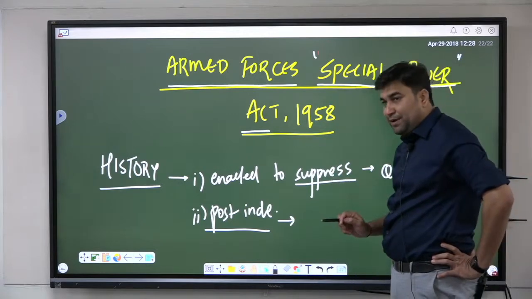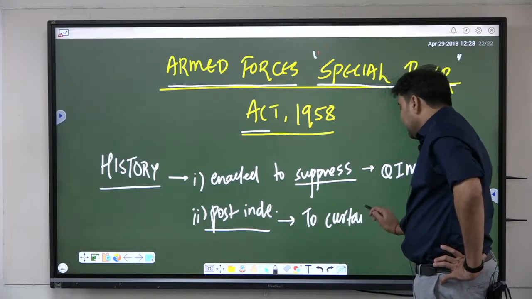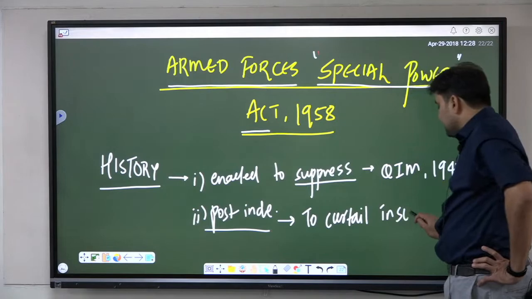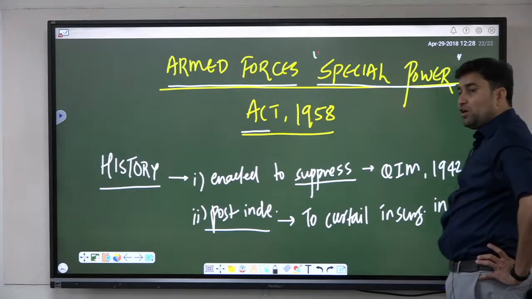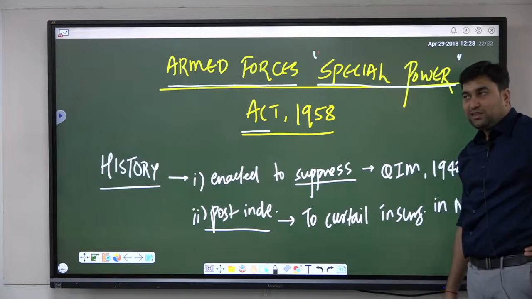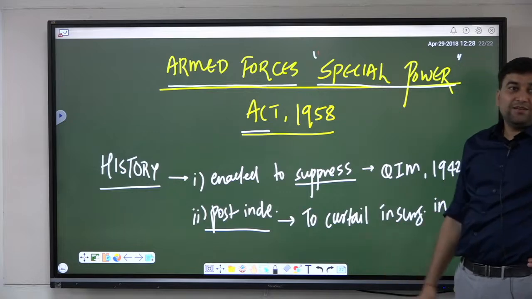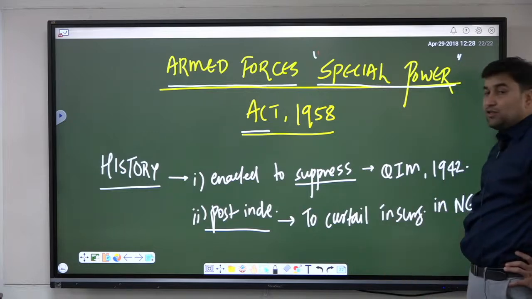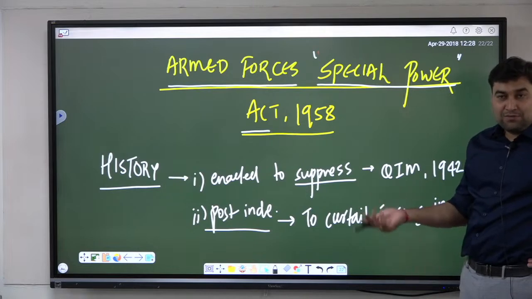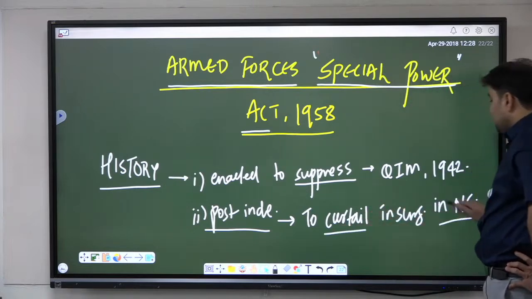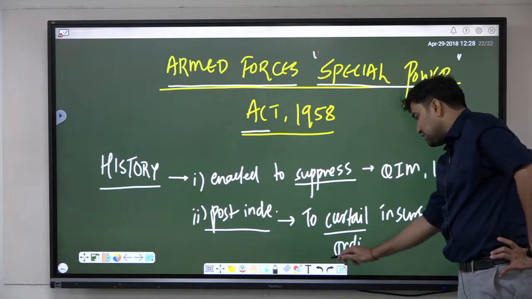However, post-independence, to curtail insurgency in Northeast India, what happened? Who had started basically the insurgency in Northeast India? Naga National Council. Who is the leader? Angami Phizo. So to curtail this insurgency in Northeast India, an ordinance was passed.